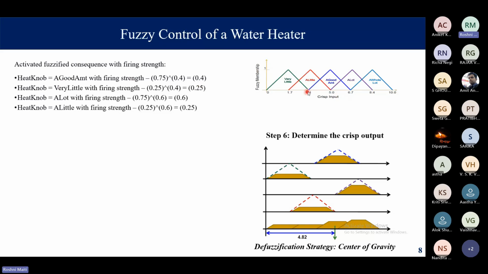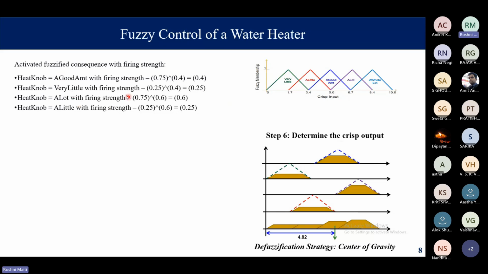So our good amount is here with this blue line. So this blue peak will be here with firing strength 0.4, which is near about 40% of its total value. Next we will have very little with firing strength 0.25. So very little is here with its 0.25 amount.